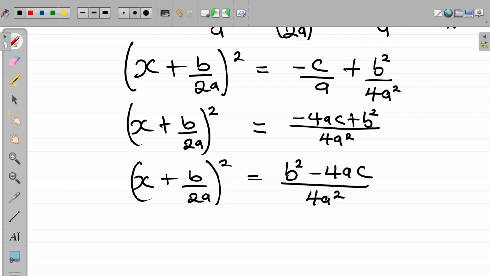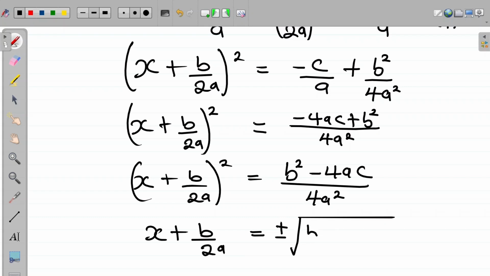Now, if we take the root of both sides, we have that x plus b divided by 2a is equal to plus or minus root of b squared minus 4ac divided by 4a squared.